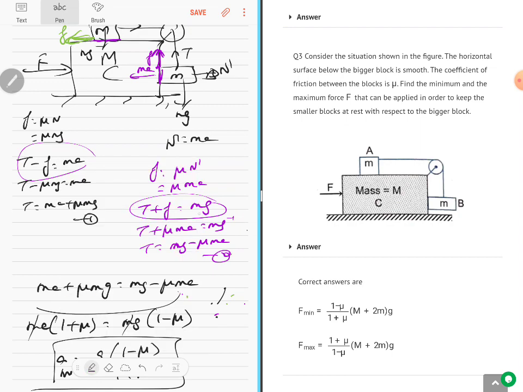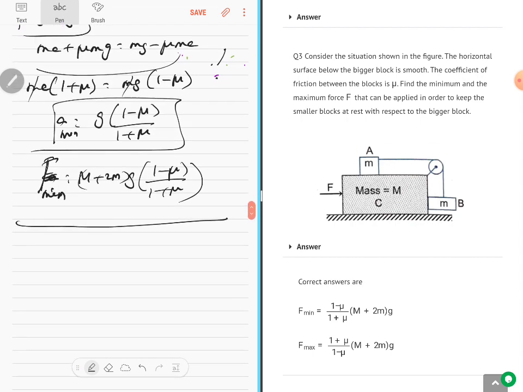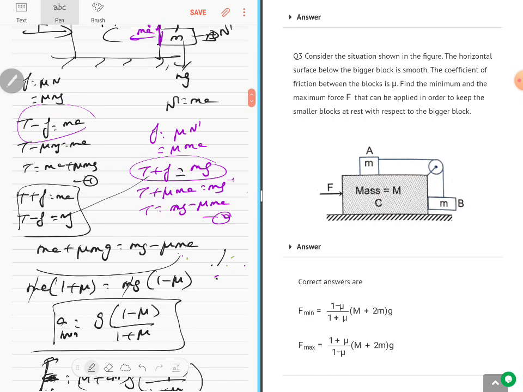So in this case, it's going to be T plus F is equal to ma, and this is going to become T minus F, in other words, T minus F is equal to mg. So accordingly, you're going to change this equation: T plus F is equal to ma, and T minus F is equal to mg.